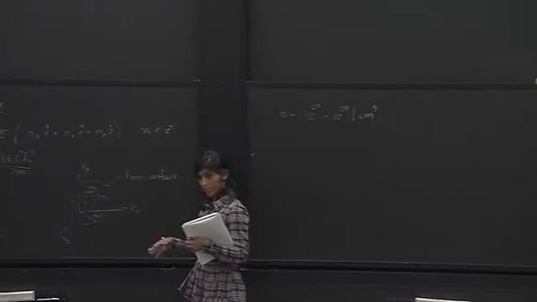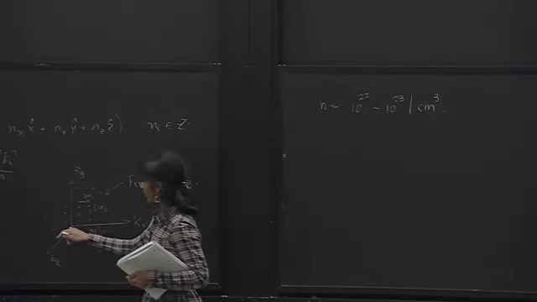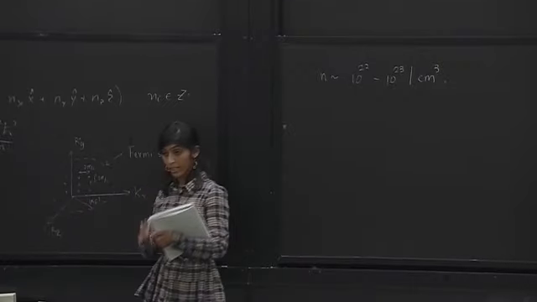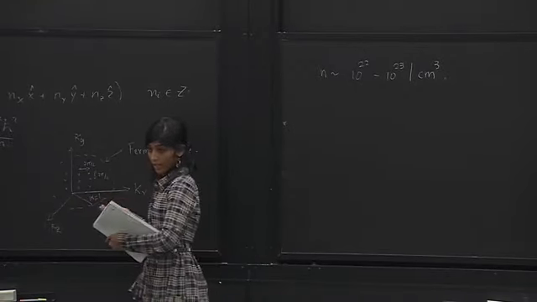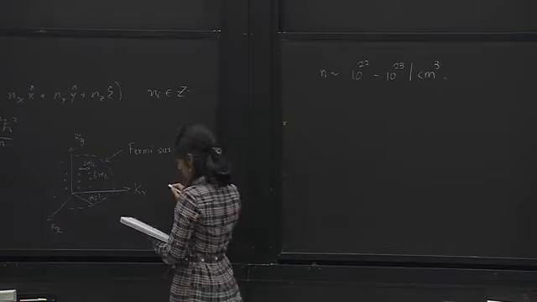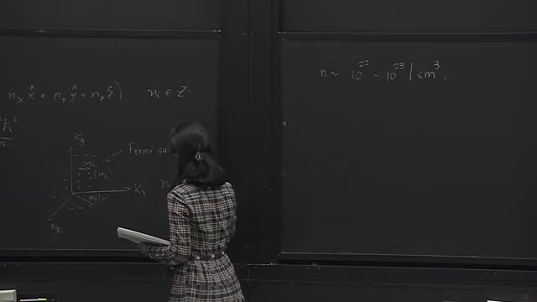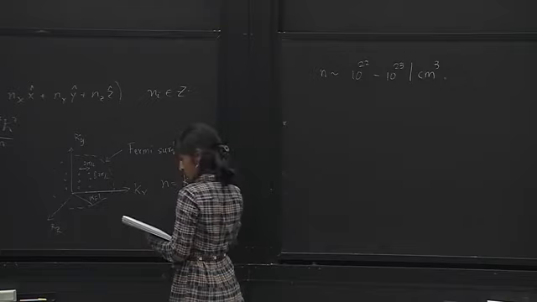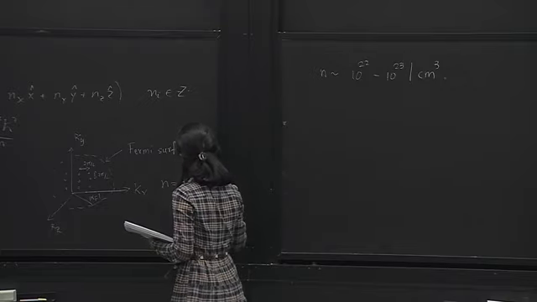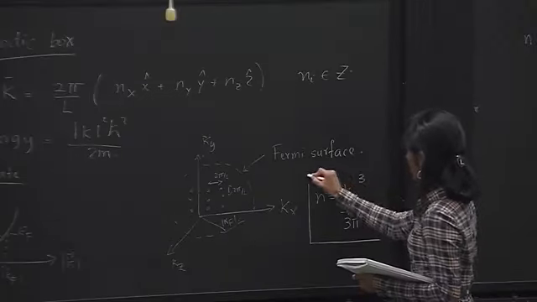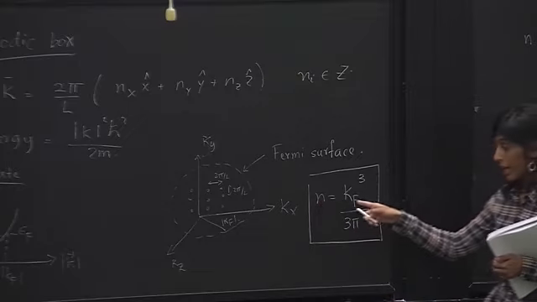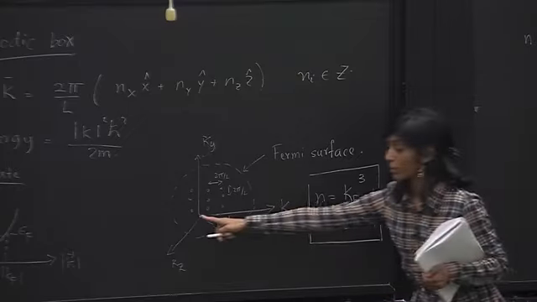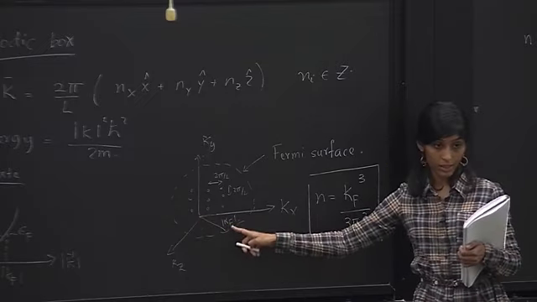This follows from the fact that within the radius mod kf, there are some number of states, and the number of states better equal the number of electrons that you have. So if you put that together, you get this relationship between the density of the electrons and kf, which is the radius of the Fermi surface.